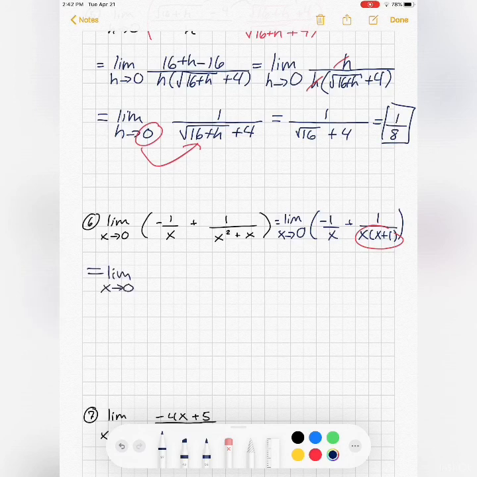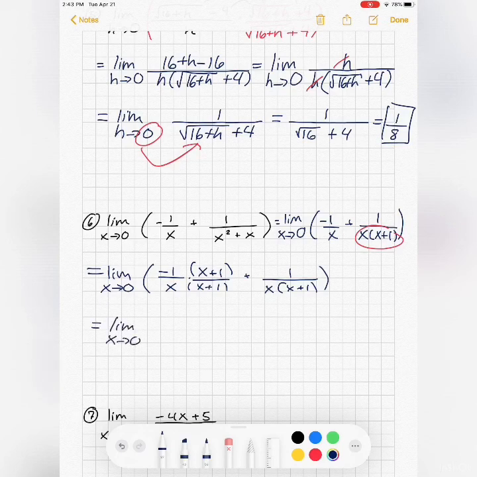Notice my limit sign is coming along. So I have to multiply this first fraction by x plus 1, right? Top and bottom. Second one already has the LCD. Okay, so what is that? Negative x minus 1 plus 1?